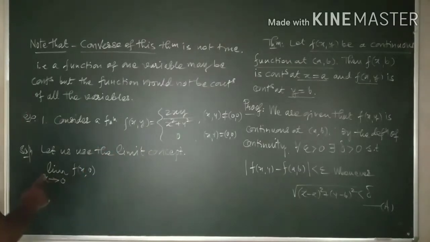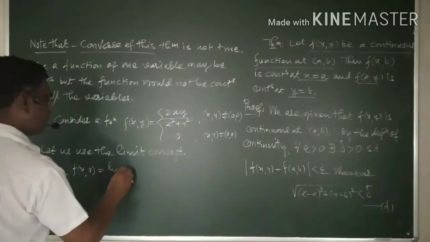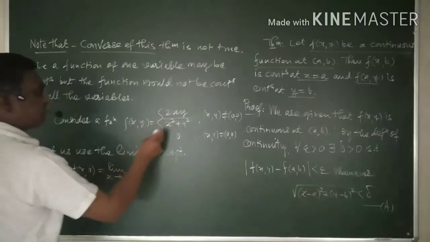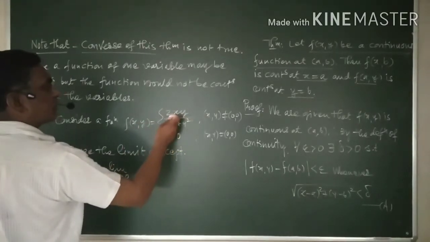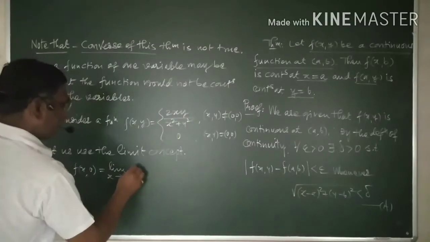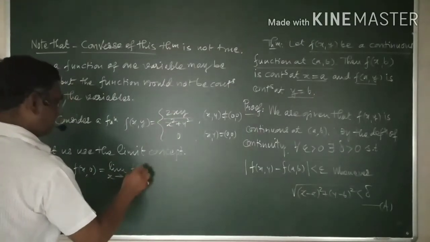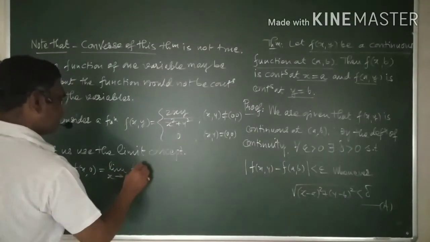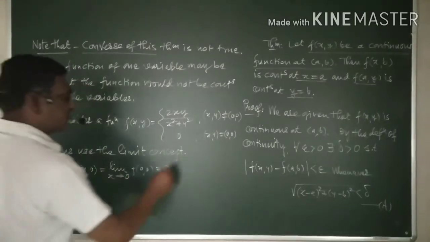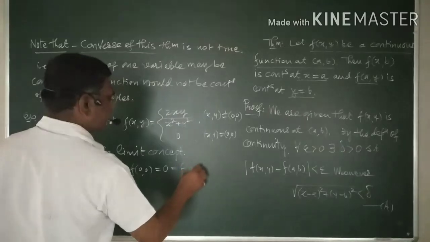Therefore the limit as x tends to 0 of f of x, 0, putting y equal to 0, for this one you are getting f of 0, 0 is 0, which is equal to f of 0.